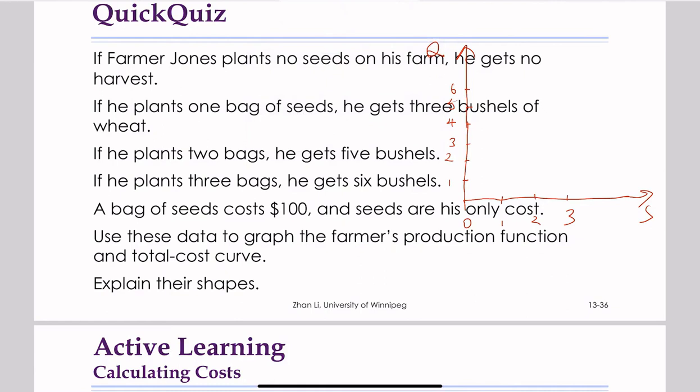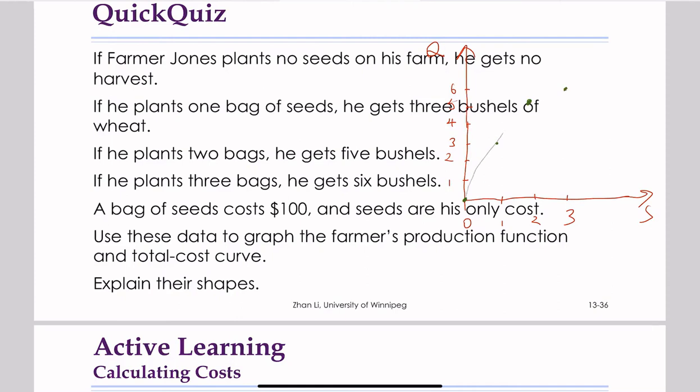So if there are no seeds, he gets no harvest, right? So the point is here. And if he plants 1 bag of seeds, he gets 3, so it's here. 2 bags, he gets 5, which should be here. 3 bags, he gets 6, which should be here, right? And now let's connect these dots.